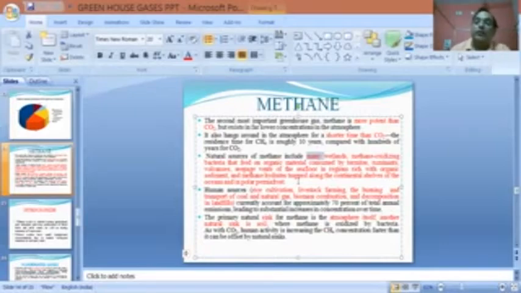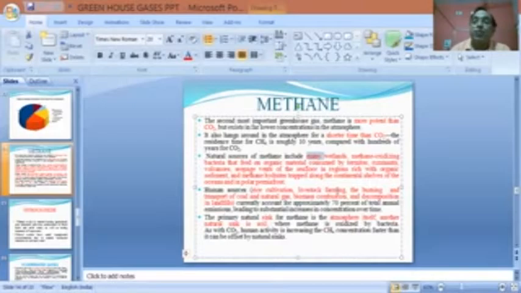But our anthropogenic activities, the activities of human beings, have led to the addition of more and more methane, through rice cultivation and livestock farming. You have seen belching, the froth by the side of the cattle heads, the cow and other ruminants. They emit methane during belching, during frothing, during ruminating.